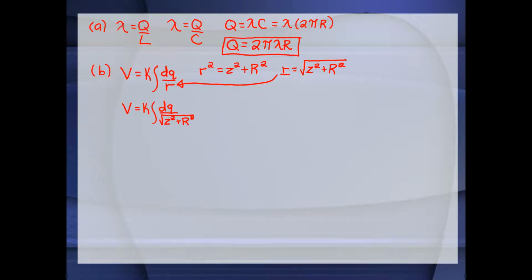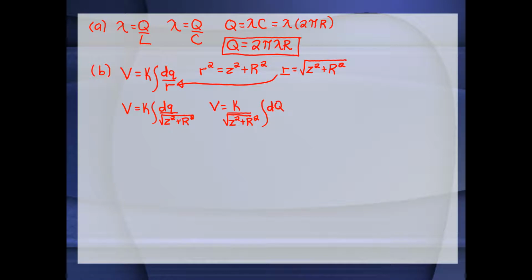Now, we can pull the denominator out of the integral because the radius of the ring is constant, and z is also a fixed position that we're trying to figure out the electric potential at. So we then have V equal to k over the square root of z squared plus R squared, and then we're going to integrate dq.